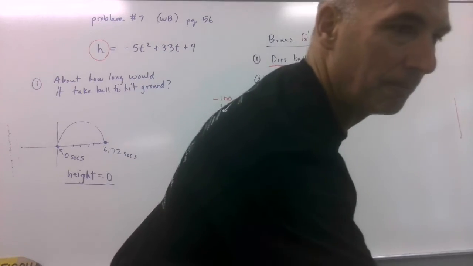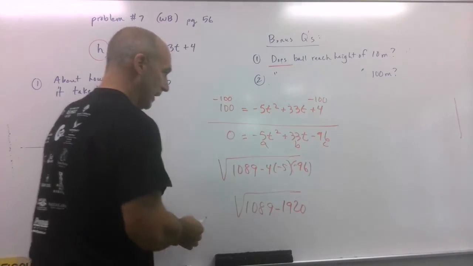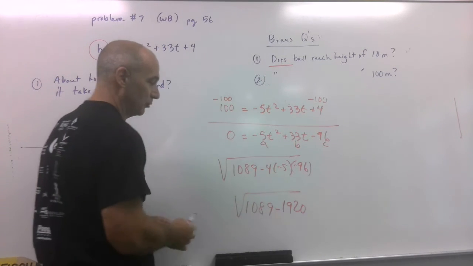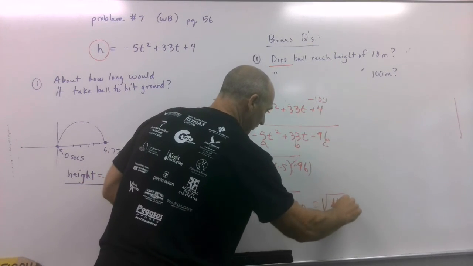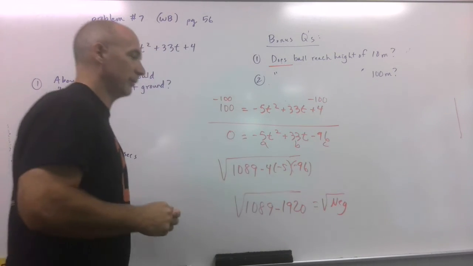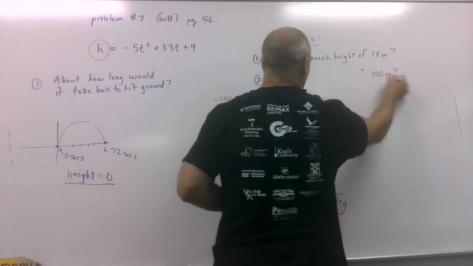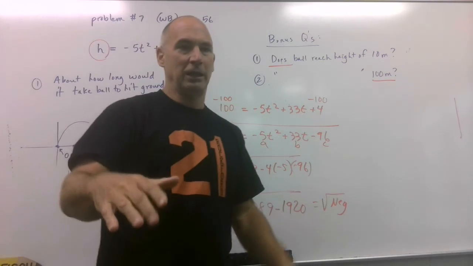Give me a second. So you can see that this times this times this is going to be minus 1920. Well, this minus this, we don't need to know exactly what it is. We can just see it's the square root of a negative. It's not possible, which means the height is not possible. So interesting math and how it applies to real life situations.